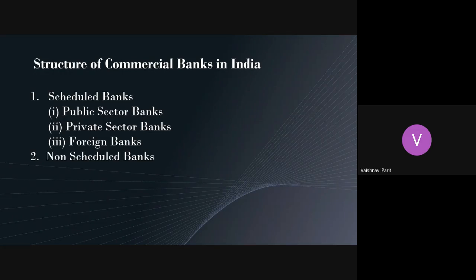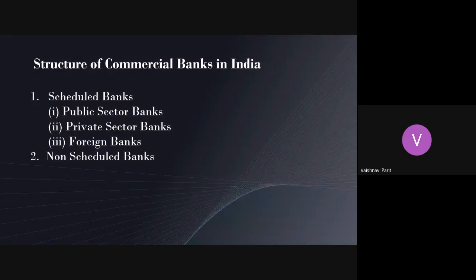So most of the private sector, public sector and foreign banks come under scheduled banks, and only mostly for theoretical purposes are there non-scheduled banks. And we know what public sector, private sector and foreign banks are.